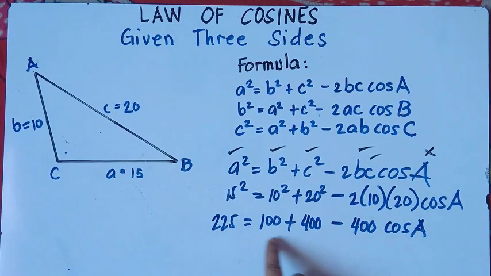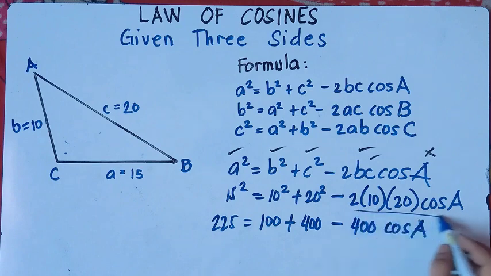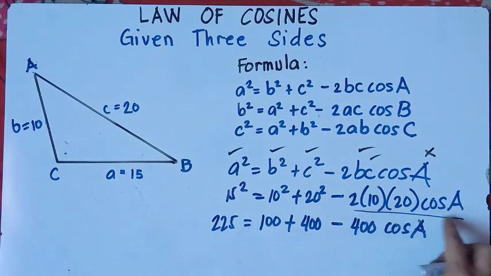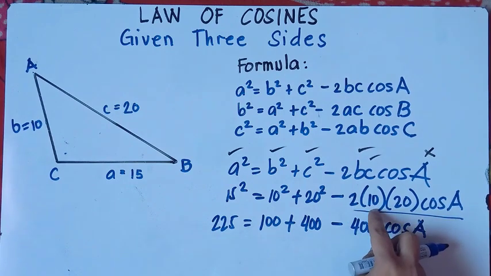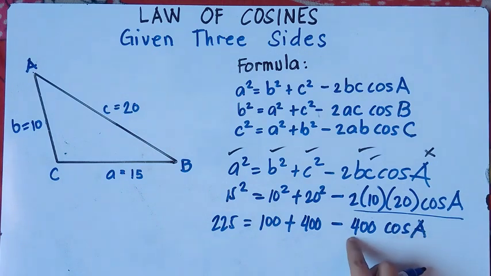Do not forget, class, all numbers and variables close to each other mean multiply. So 2 times 10, 20 times 20, that's 400 times cosine A. Your answer is 400 cosine A.